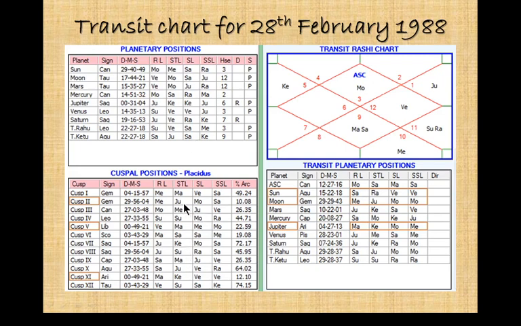Jupiter in 2, and Saturn also in 2. And Jupiter appearing in 2, and Saturn also in 2. Ketu has positional status, and Ketu appears in 11th.